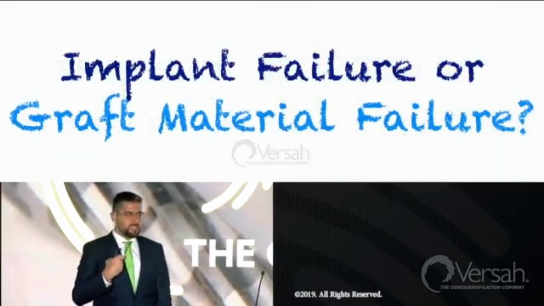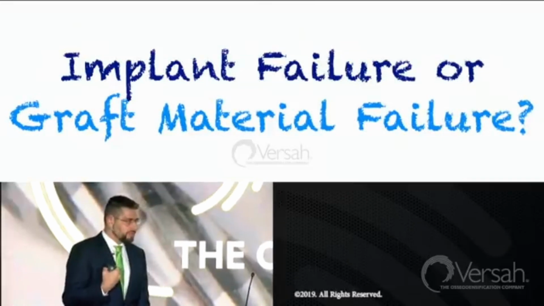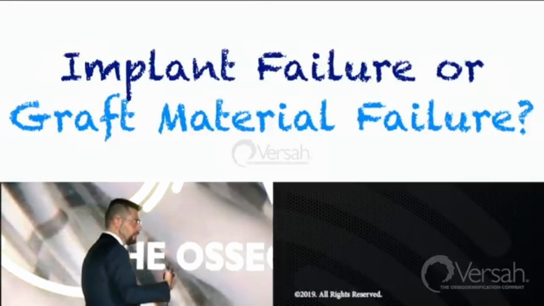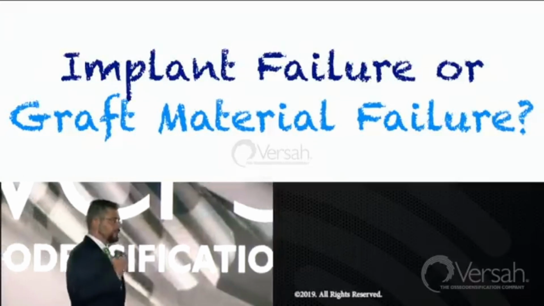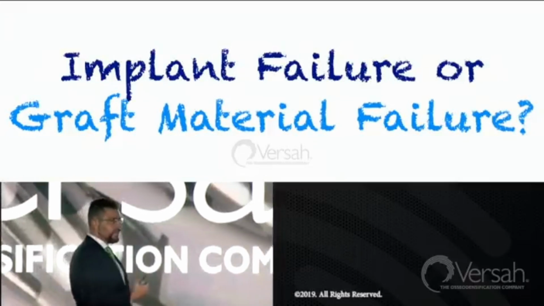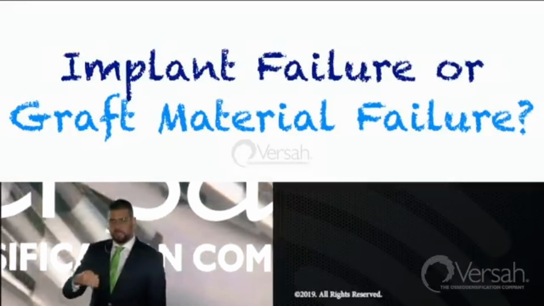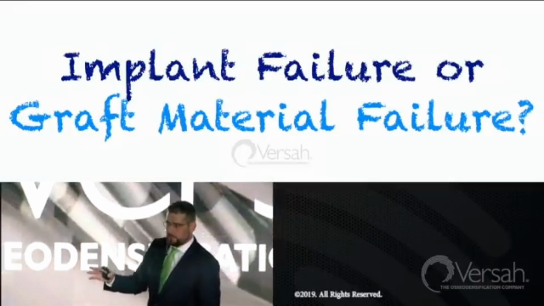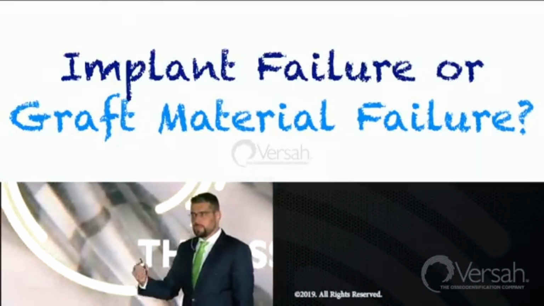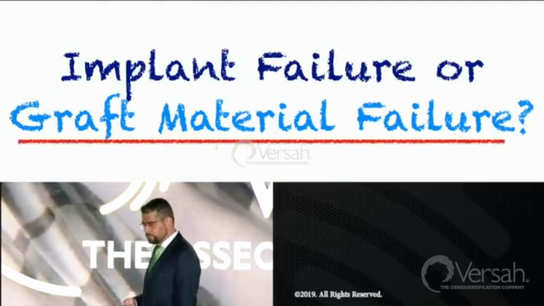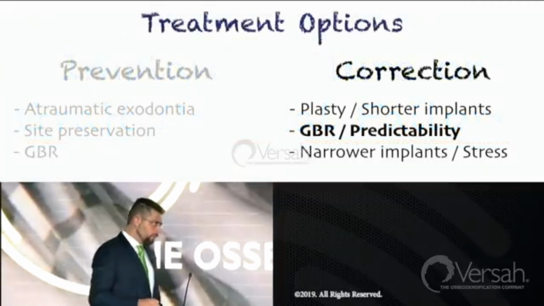So what we're seeing nowadays in terms of periimplantitis, ask yourself, how much of that is implant failure? How much of that is periimplantitis? Or how much of that is graft material failure? Simply, the graft material failed to protect that implant over time. So, what about correction?